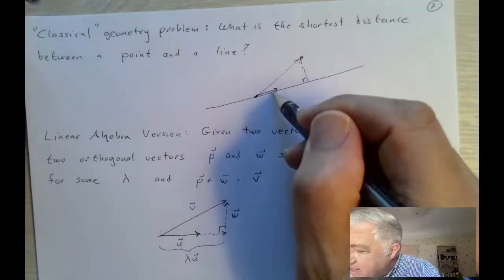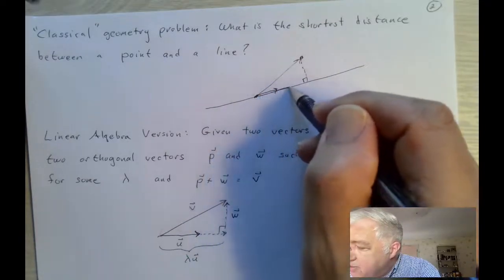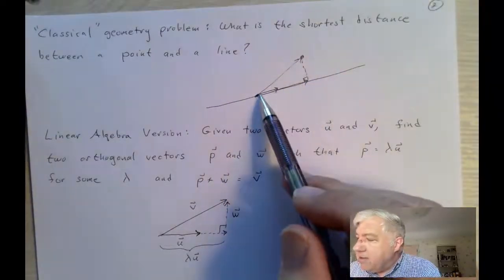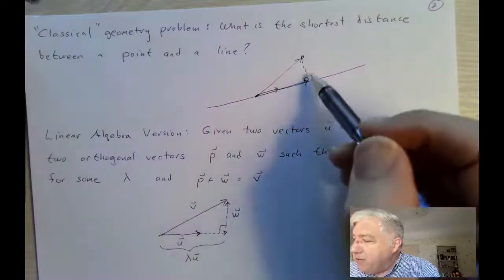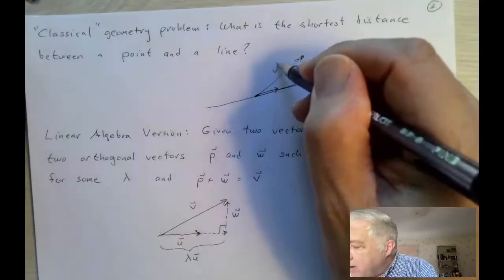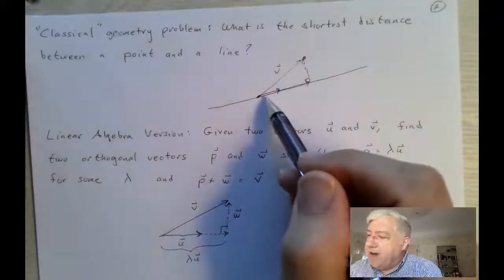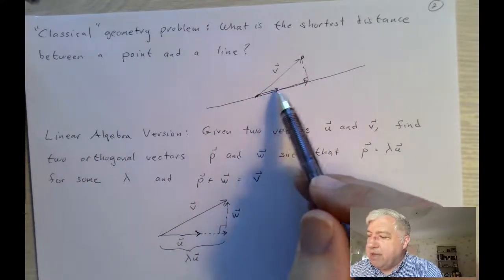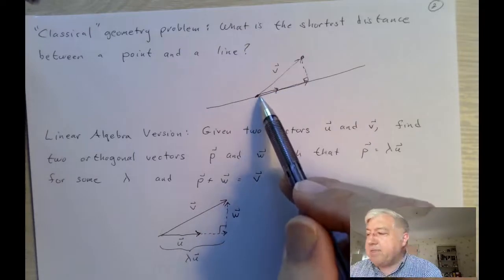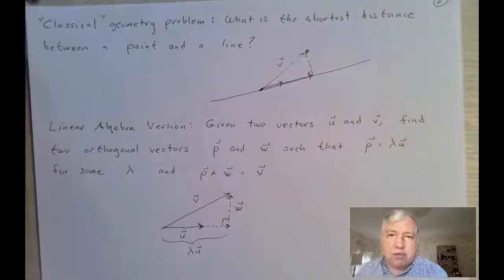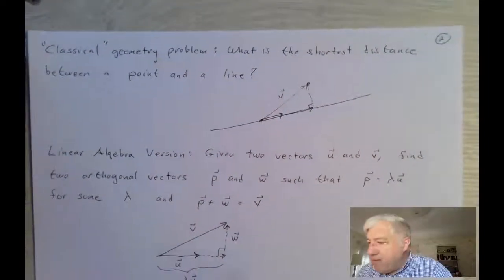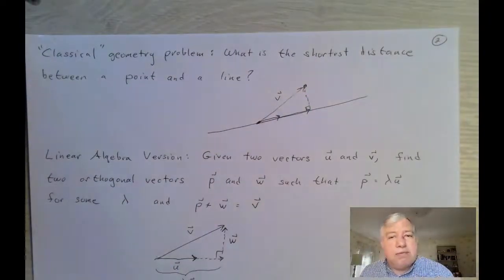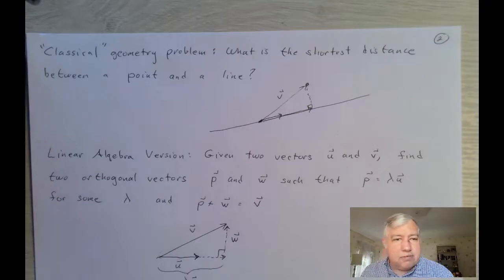Let's call this vector v. We'd like to find two vectors that are orthogonal that add to v, where the first vector has the same direction as the line. Then this distance is just going to be the length of that second vector.